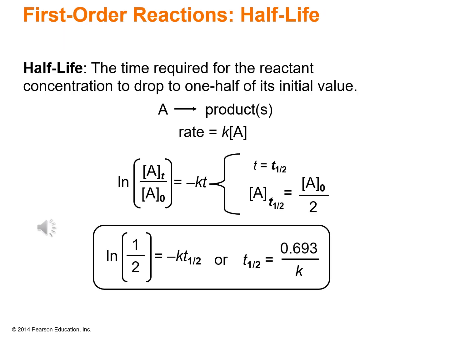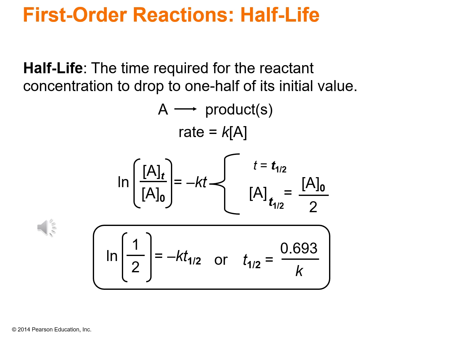In a first order reaction, you can also expect to see a half-life. The half-life of a reaction, which is symbolized by t sub 1/2, is the time required for the reactant concentration to drop to 1/2 of its initial value. So if you consider A forming its product, then to relate the reaction's half-life to the rate constant, you start with the integrated rate law that you just saw.